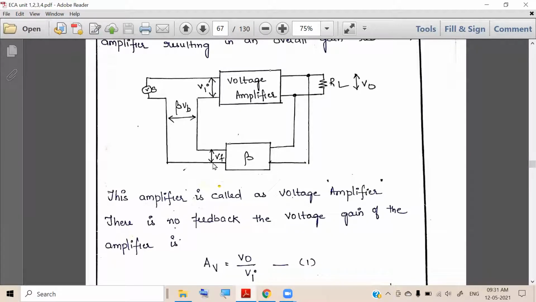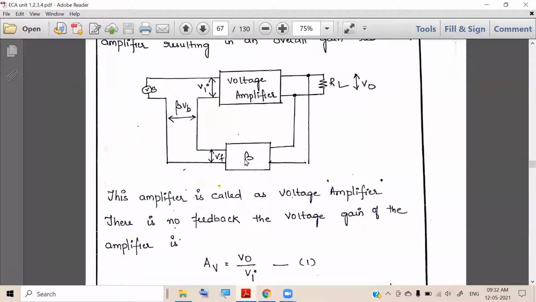What is the output of beta? Easy question. VF, the feedback signal, is the output of the beta network.